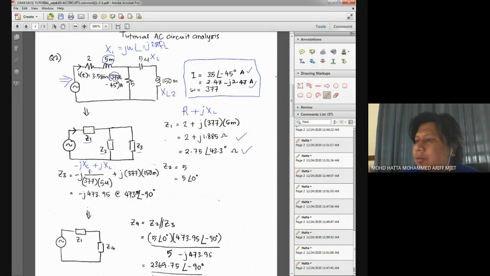To calculate XC, here is the equation. XC is given by 1 over omega C. So C is 5 micro, omega is 377. And later on, you will end up with this answer.